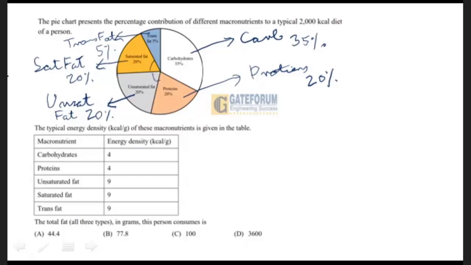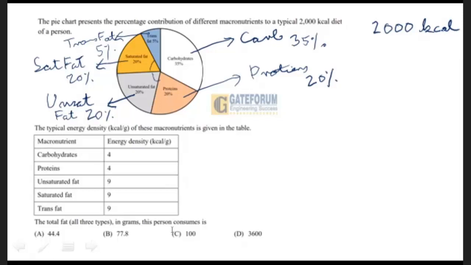Okay, so what has been asked? The total fat, all three types, means unsaturated, saturated and trans, in grams this person consumes is how much? Well, a typical 2000 kilocalorie diet, this person has a diet of 2000 kilocalories. So that is already given.